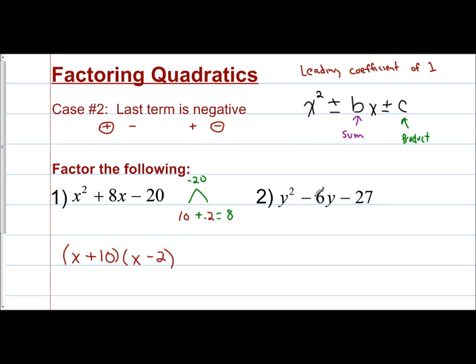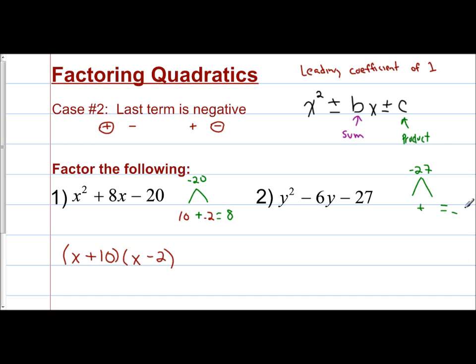We can do the same thing with number 2. We have -27 as our product. We want factors of -27 with a sum of -6. So since I have a negative sum, the negative number has to be larger. And so I have my sum of -6.